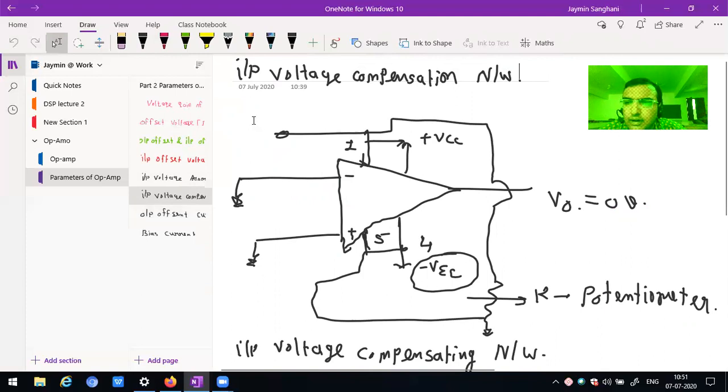So two parameters of the op-amp, voltage gain and offset voltage, we have discussed here. What is the ideal value of voltage gain? Infinite. What is the practical value of voltage gain? 2 into 10 raised to 5. Why? Because a very small input is applied to the op-amp, in terms of microvolt, which is 10 raised to minus 6.